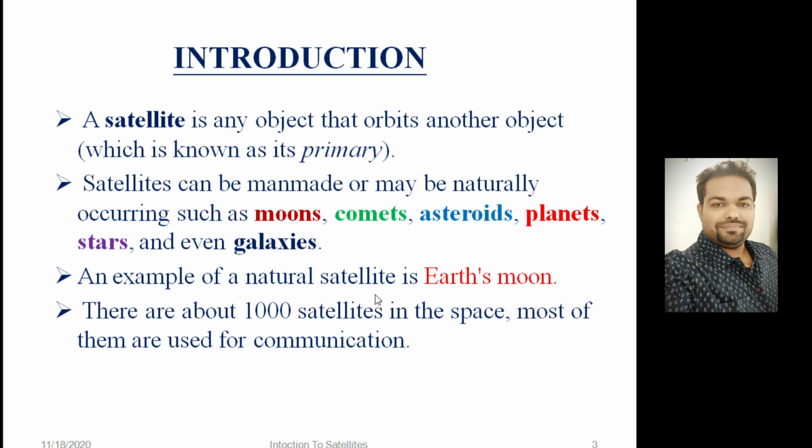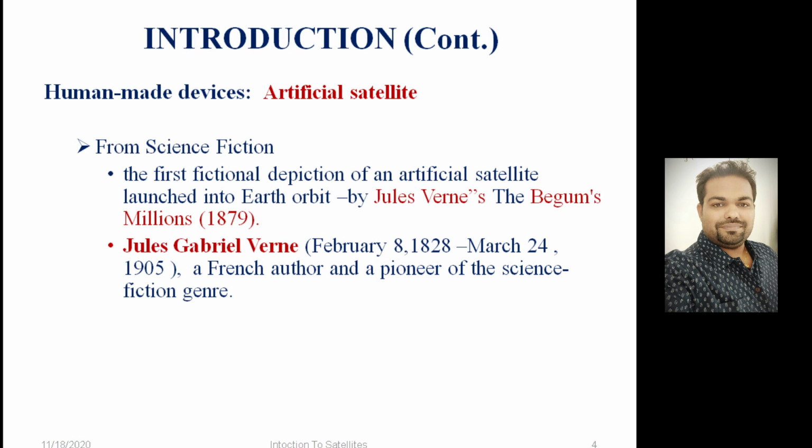An example of a natural satellite is Earth's moon. There are about 1,000 satellites in space, and most of them are used for communication purposes. Human-made devices are usually known as artificial satellites, and the moon, asteroids and galaxies are examples of naturally occurring satellites.